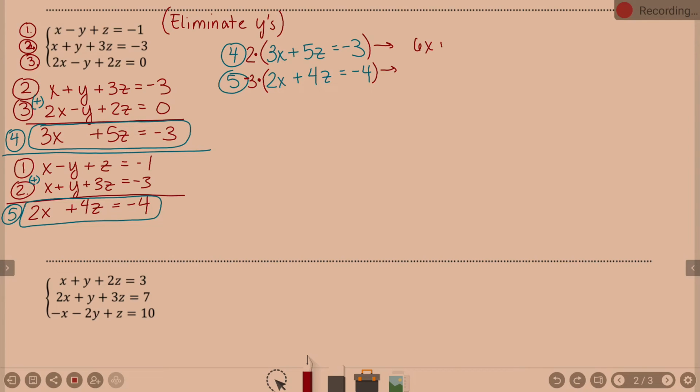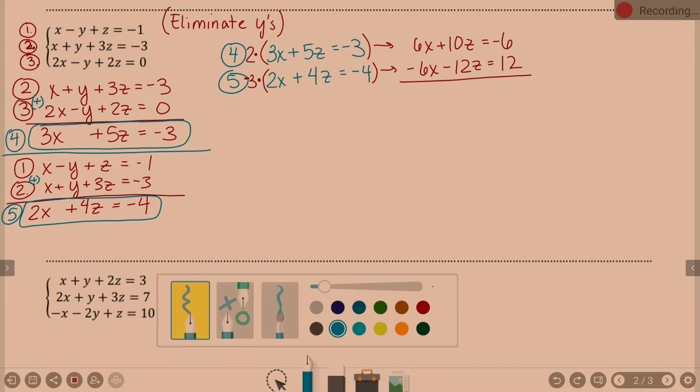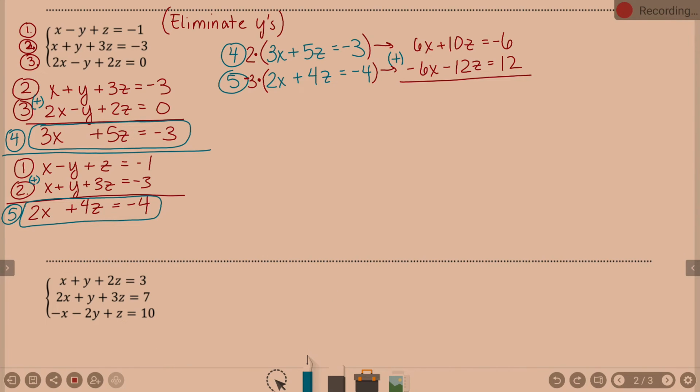As I multiply these out, multiplying the top one by 2, I'm going to have 6x plus 10z equals -6. Second equation, multiplying by -3, it's going to be -6x minus 12z equals -3 times -4, which is +12. And as designed, I have opposite signs on my 6x's, right?